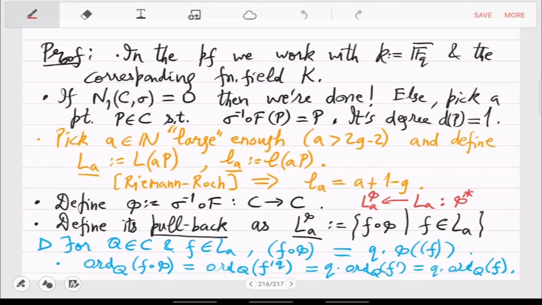Phi inverse or phi? Probably phi. Yeah, something, you are right. Something has to be applied there. Phi q.